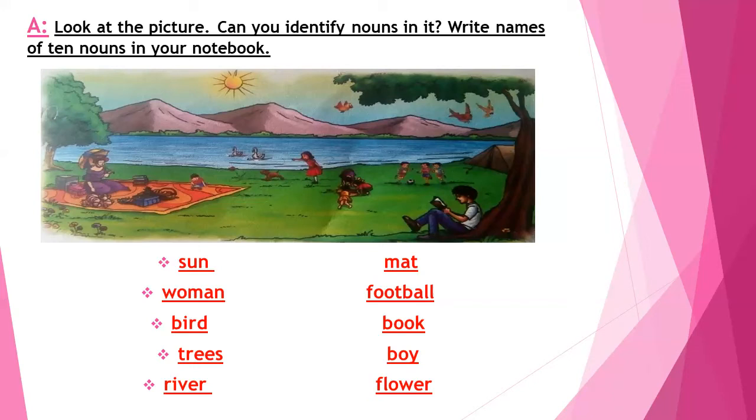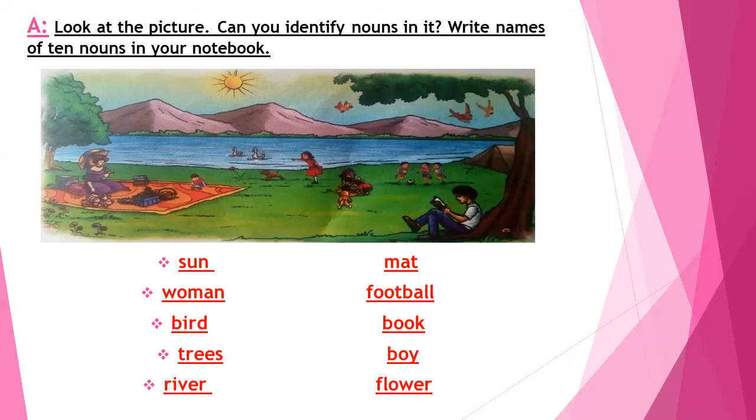Nouns like sun, woman, bird, trees, river, mat, football, book, boy, flower.